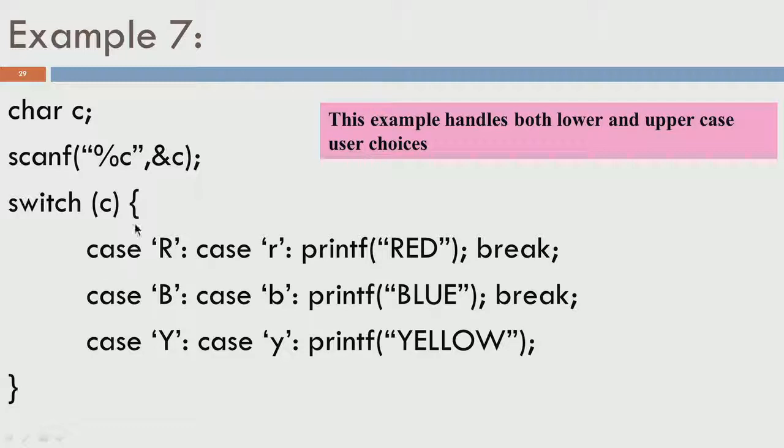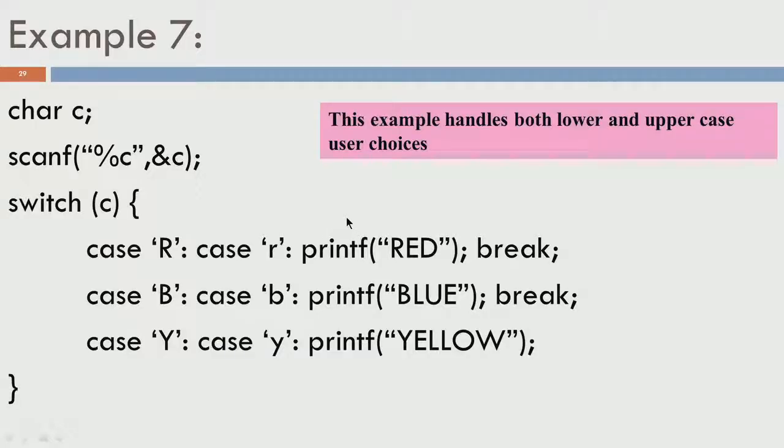So, let us look at another example where we want to handle both lower and uppercase choices. Maybe I as a user enter lowercase or uppercase, I want to handle both of them. So, this is also something that you can do with switch statements. So, these two lines are as before, this is also as before, the changes are in these 3 lines here to here. So, if you look at case R or case r, the lowercase r, in both these cases we want to printf red.